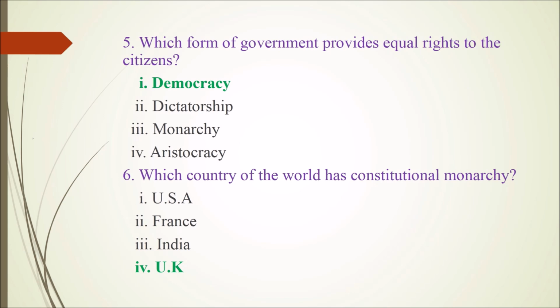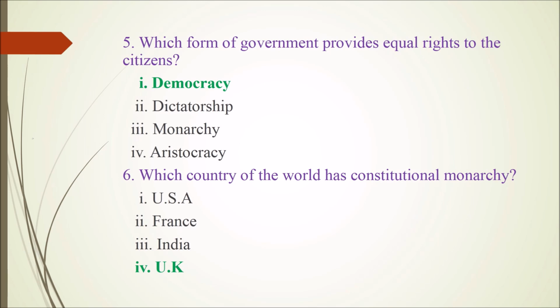Question number 5. Which form of government provides equal rights to the citizens? Option 1 democracy, option 2 dictatorship, option 3 monarchy, option 4 aristocracy. So the correct answer is option 1 democracy.